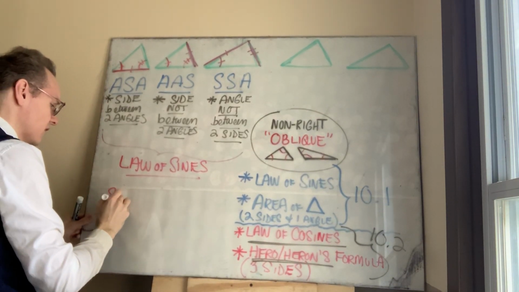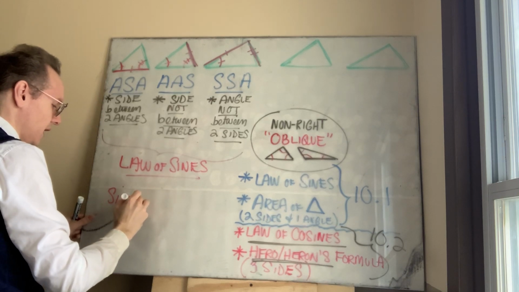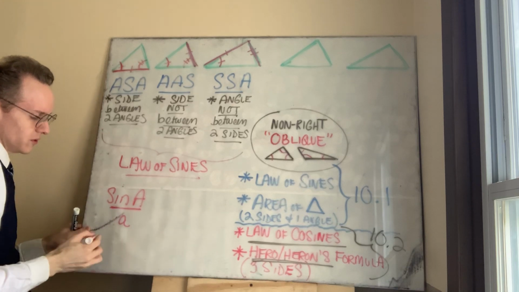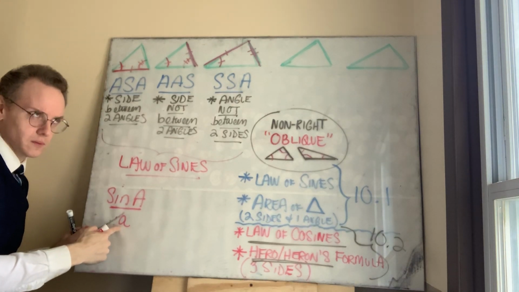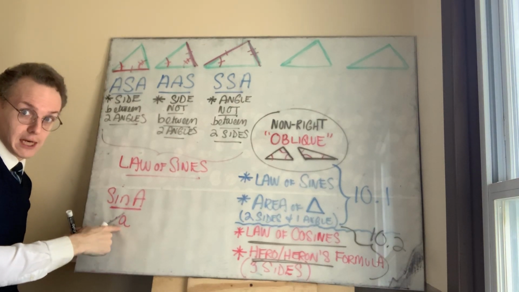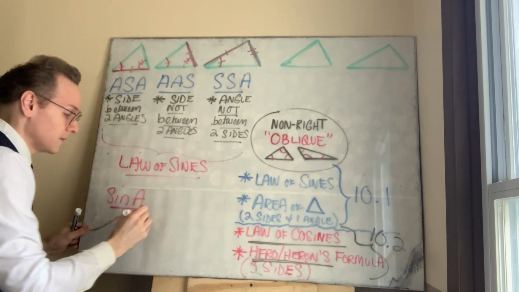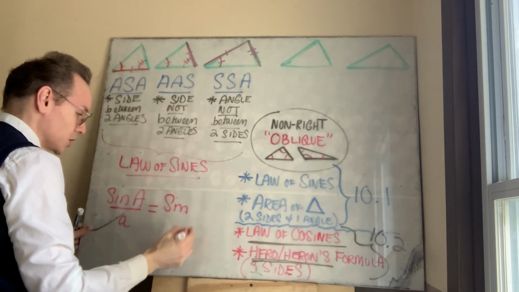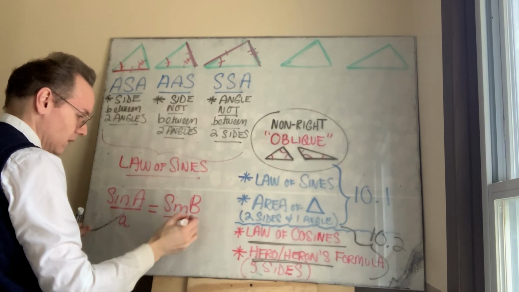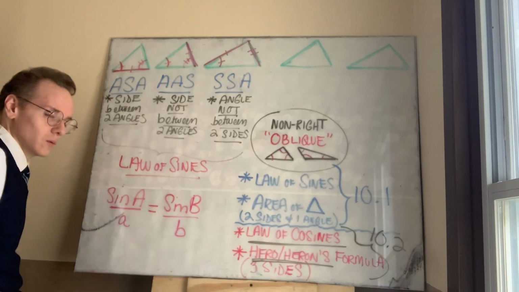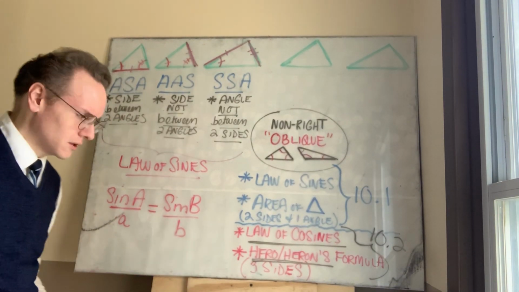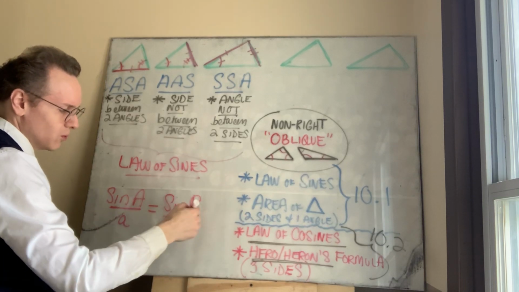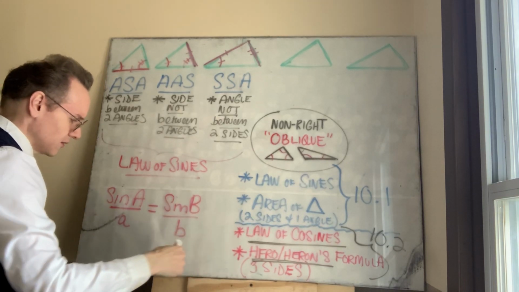Sine of an angle, let's just call it A, is equal to the sine of an angle over its side length, the related side length, the opposite of this angle, basically. It could be part of a proportion equation in which the sine of the second angle over its respective side length is sine of B over b, and you could in fact write a third one for the third angle and the third side length.